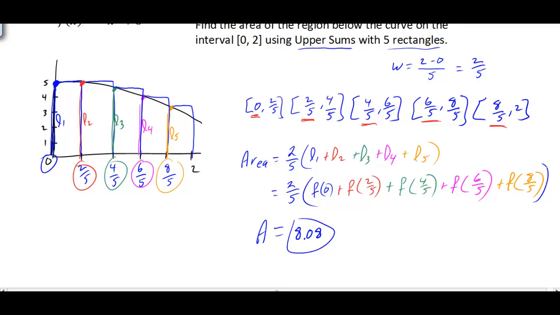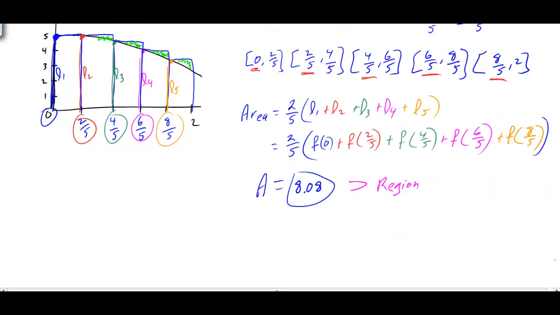And for this example, realize this is going to be slightly greater than the region that we're looking for, because notice we now have this little extra space above the curve that we are calculating as part of our area. So here we had 8.08, and before we had 6.48.